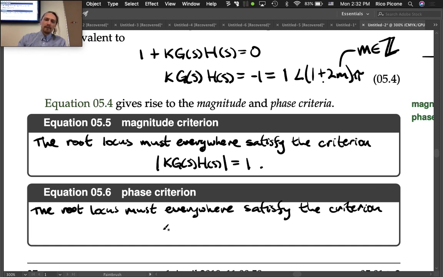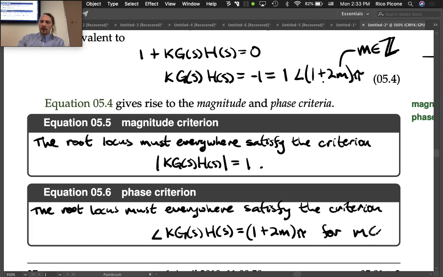We look at the phase of KGH, the open loop transfer function, which must be equal to 1 plus 2m pi, and 2 pi additions thereof, for m being an integer. So that gives us 2 criteria.